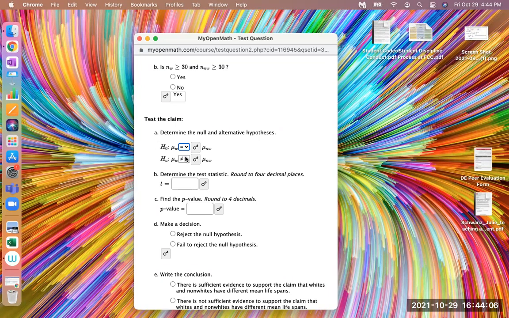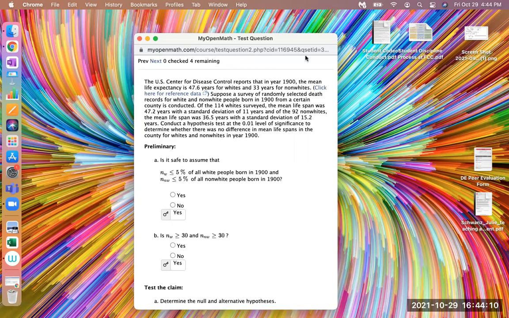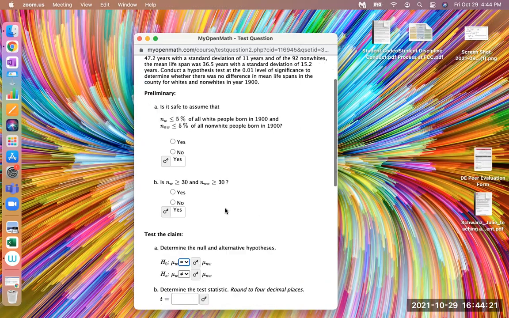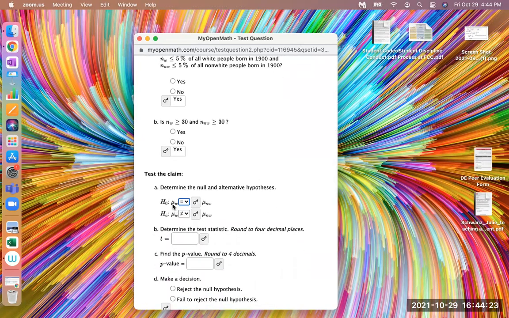Now we just have to enter all of this information into the calculator correctly. We're going to have information coming from the first sample. Something important here: they have the mean of the white population, so I'm going to call that my population 1, because they always put 1 on the left in the null hypothesis.